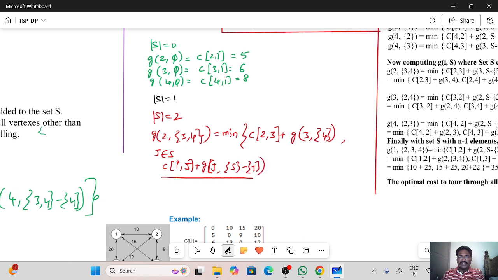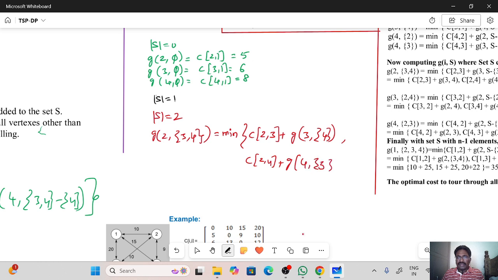So, this is the recursive equation. You must find it for all possible choices. So, what is one more vertex possible to choose from our set? 4. So, cost of 2 4 plus g of 4 with the remaining element within the set, that is 3.